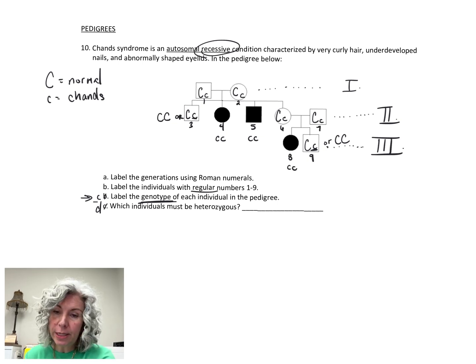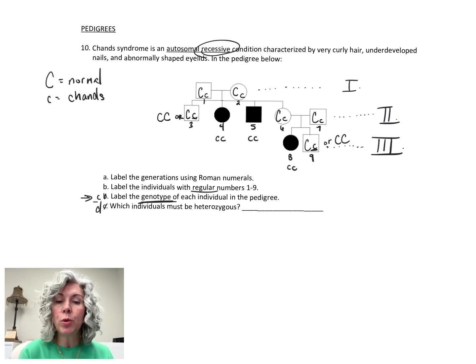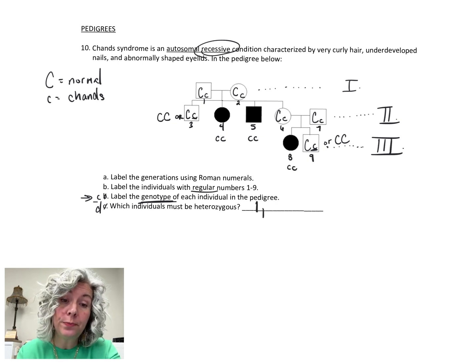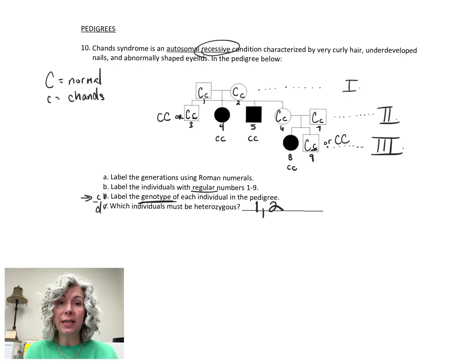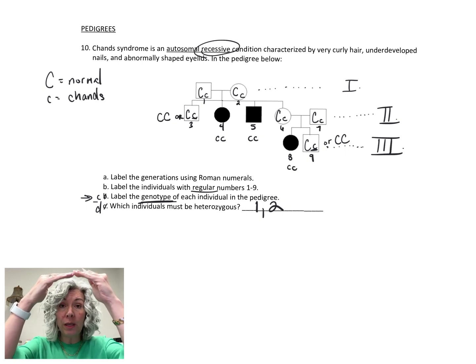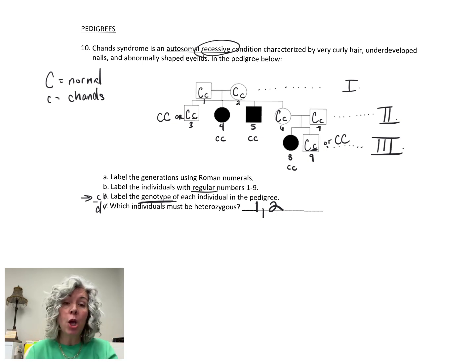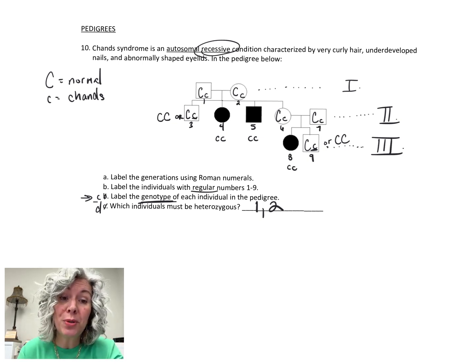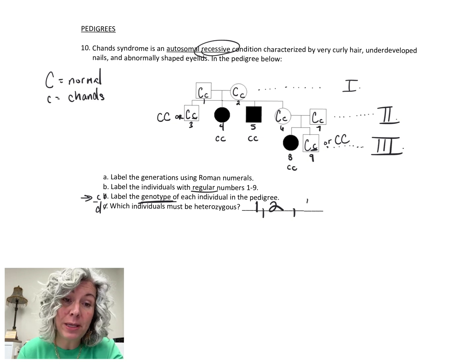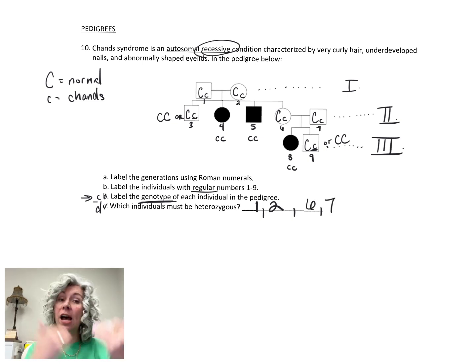All right, let's look at letter D down here on your question. Which individuals must be heterozygous? Which ones have to be heterozygous? Well, number 1 and 2 have to be heterozygous. The first gen of parents, because that's when the Chans was introduced in that second generation. They have to be heterozygous. We also know number 6 and 7 have to be heterozygous because they had a child with Chans.